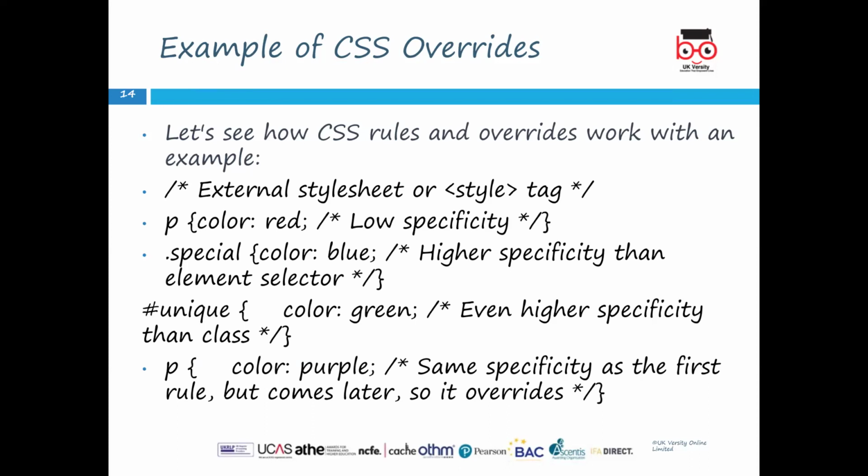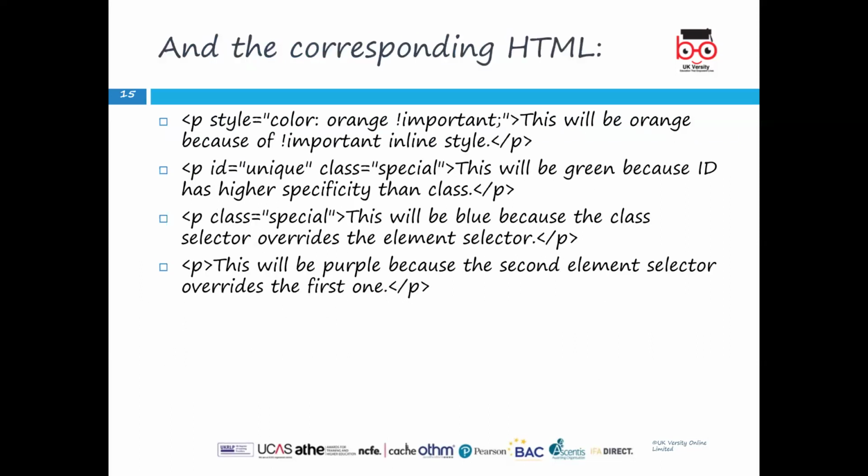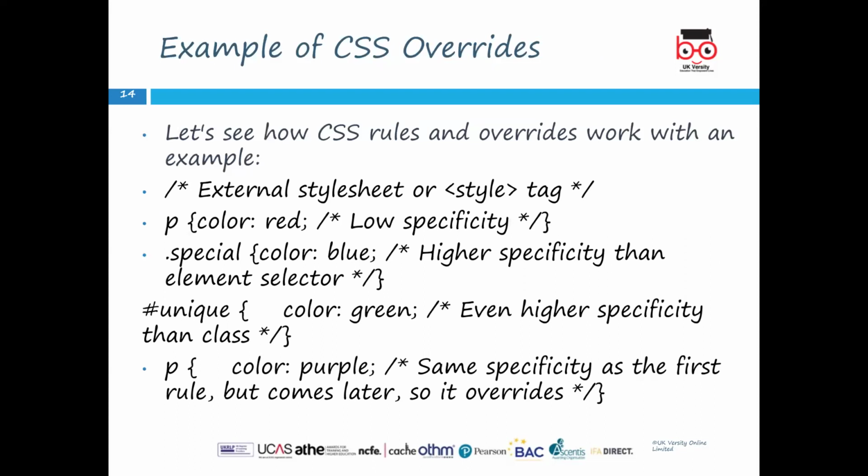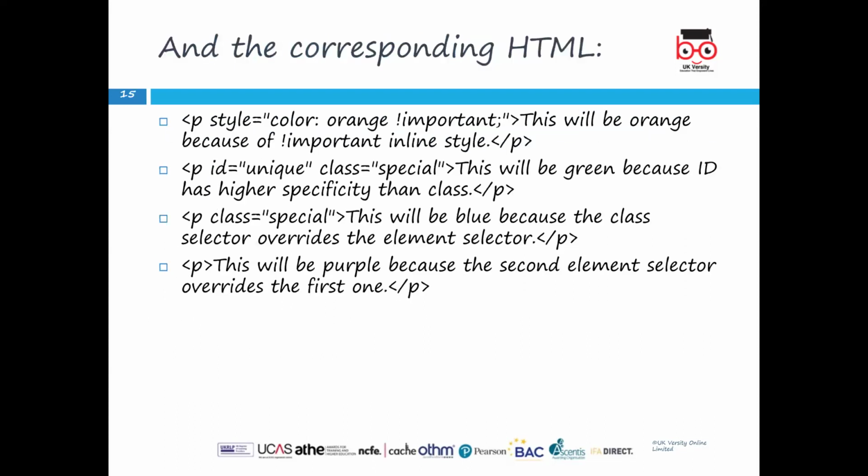Here we have an example of CSS overrides. When we say override, we mean that we don't want our CSS styles to override each other. We now have pseudocode that shows us the rules and how override works. And this is the corresponding HTML.